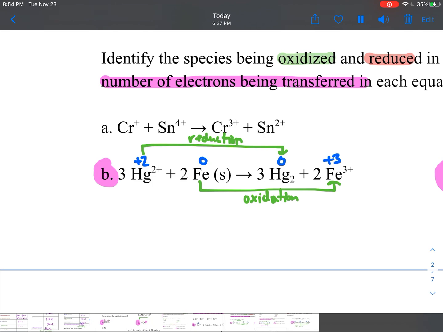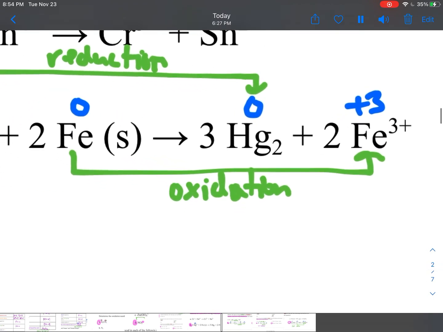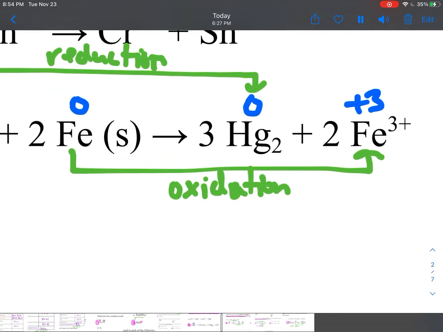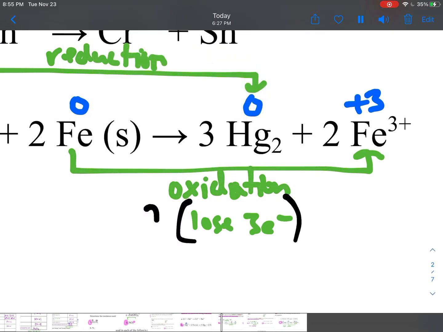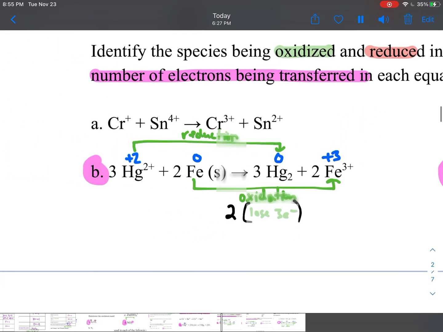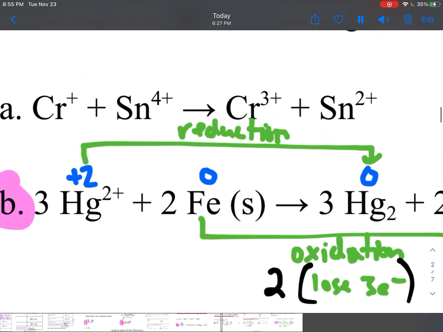How many electrons are being transferred? Well, in the iron example, to go from 0 to +3, it must be losing 3 electrons. But that's happening twice for iron. What we should notice for mercury is that it's gaining the same number of electrons.